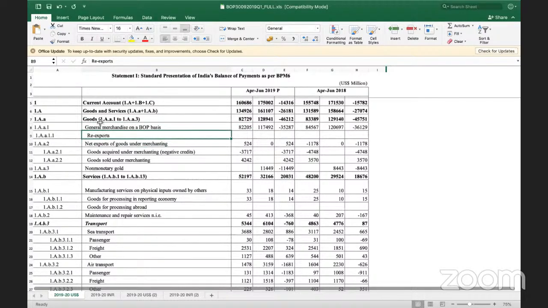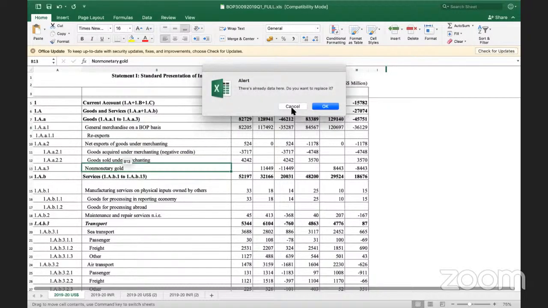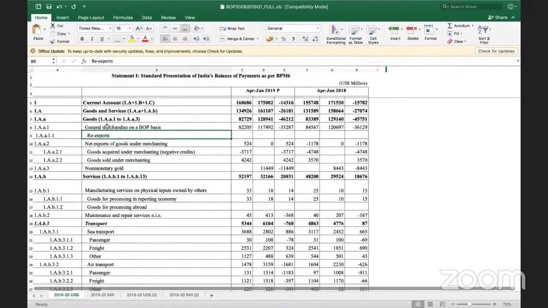This is simply merchandise goods. From here till here, they're all merchandise goods.